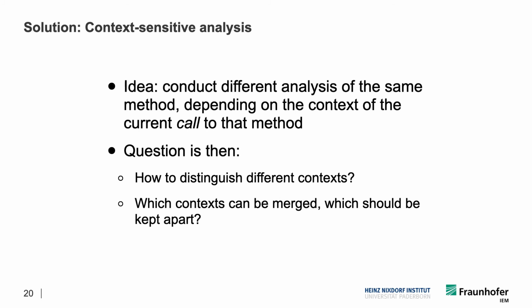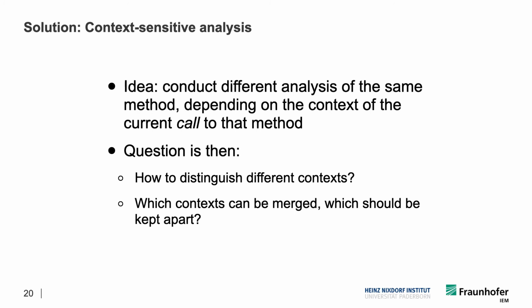A second question there is though, which calling contexts or which calls of a given procedure we actually want to distinguish. In general, we want to analyze different callee procedures multiple times for different contexts so that we gain precision. But the question is, how do we do that? And which parts of contexts can be merged and which ones should be kept apart?